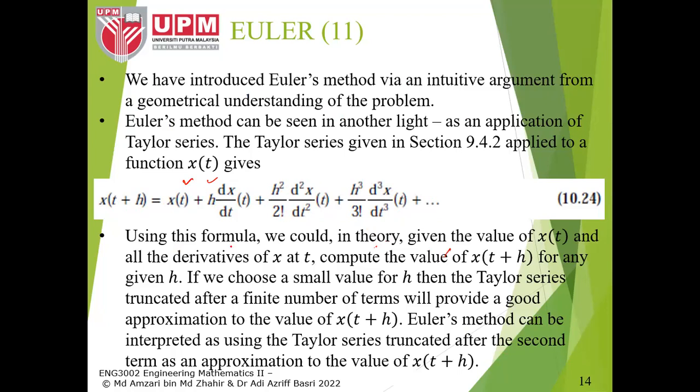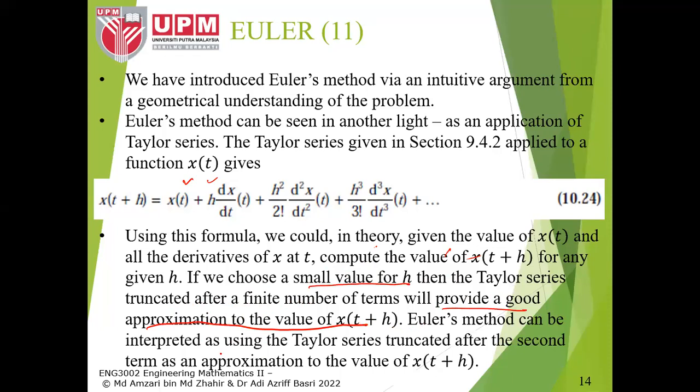given the value of x(t) and all the derivatives of x with respect to t, we can compute x at t plus h for any given h. If we choose a small value of h, the Taylor series truncated after a finite number of terms will provide a good approximation. As mentioned, a small value of h produces a good approximation of x(t plus h).